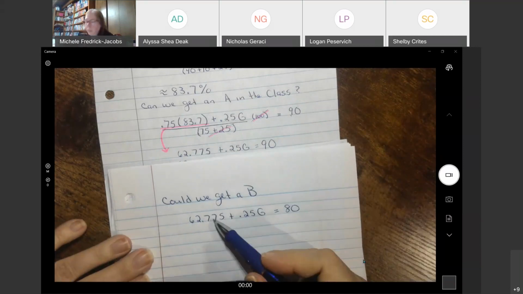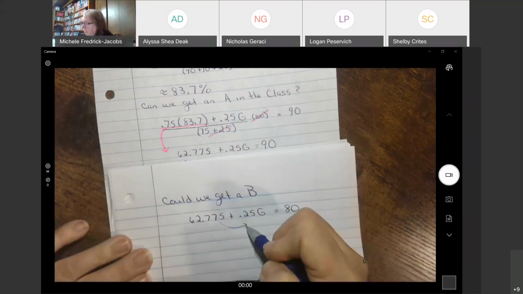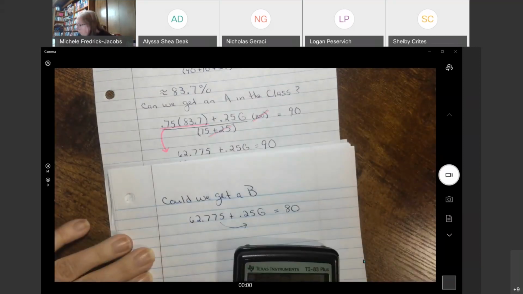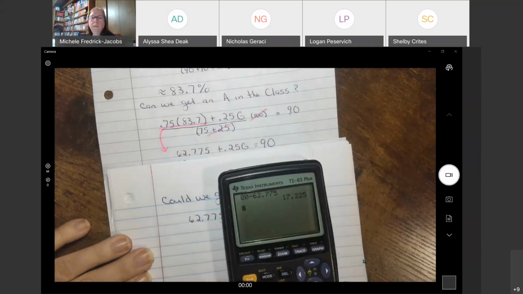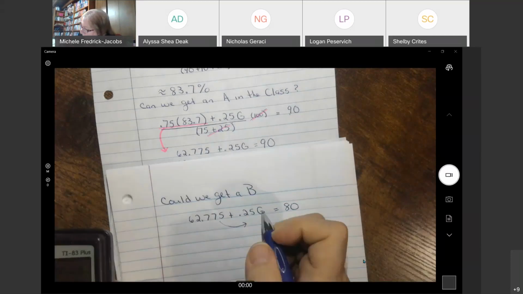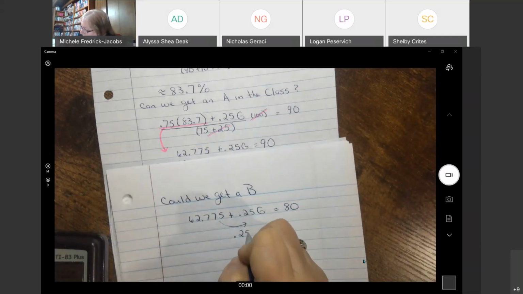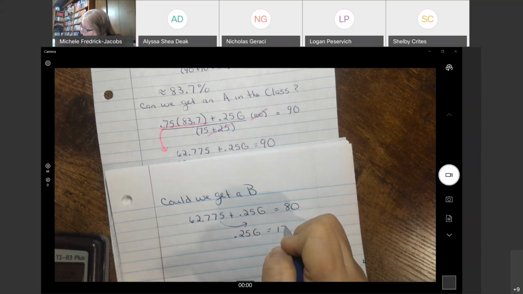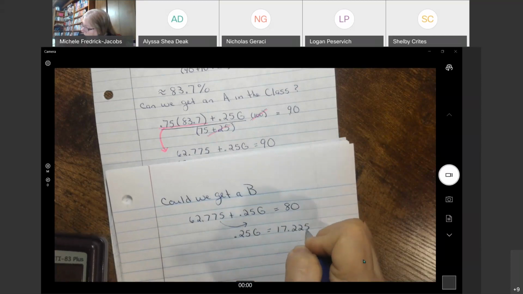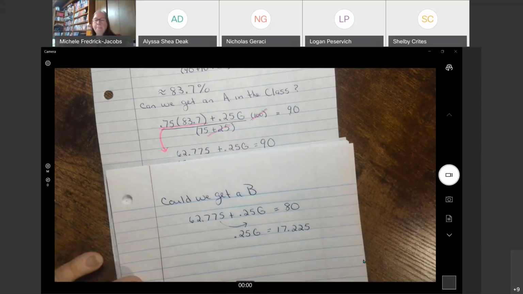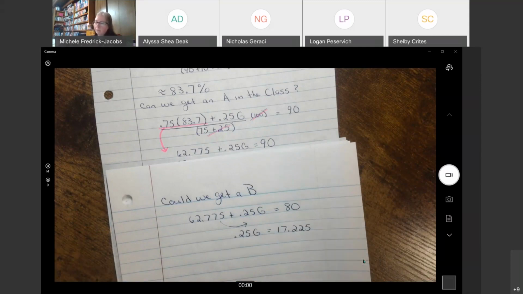We need to subtract this to the other side. 80 minus 60.775. Any questions on that part?